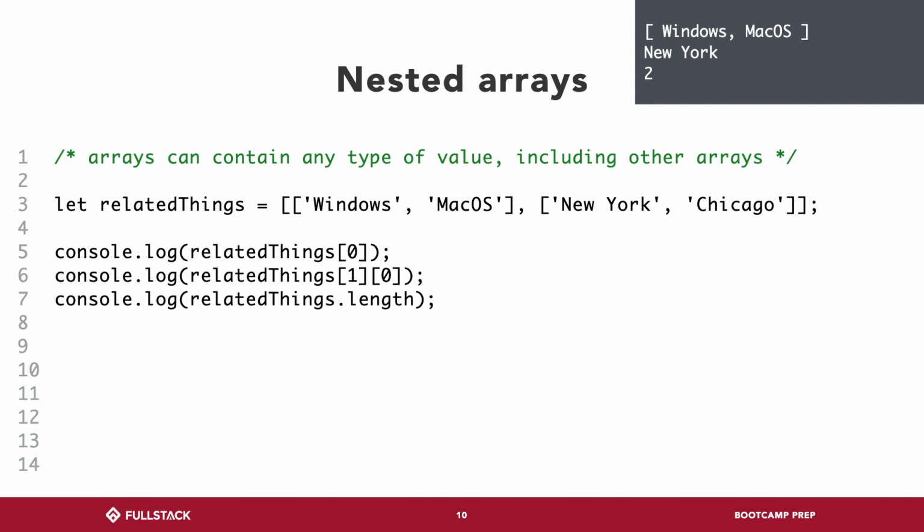And that has indexes too. So you just put another one at the end, at whatever index you want to access, right? So then you would get New York. Yeah? 0, 0 being Windows. 0, 0 would be Windows. 0, 1 would be Mac OS. 1, 0, 1, 1.